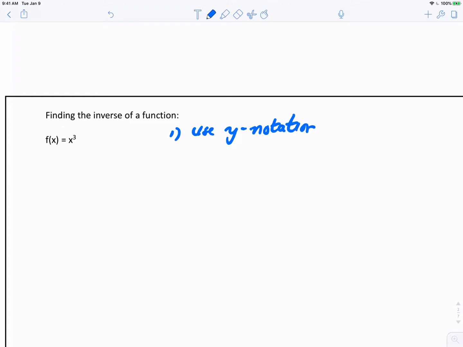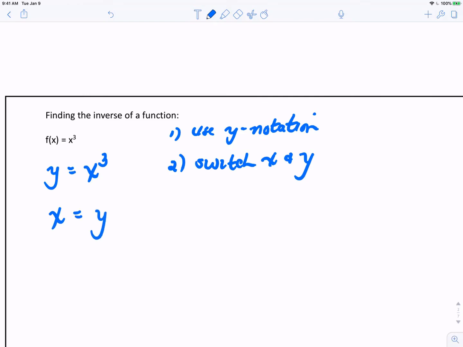So instead of f of x, we replace that with y. So y is equal to x cubed. Then we switch x and y to form the inverse. Instead of y, we'll have x. Instead of x, we'll have y. And finally, we solve for y.